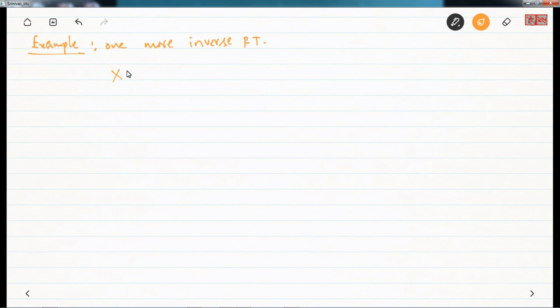Say for example you have X of j omega equal to 2 pi delta of omega minus omega naught. What is this?